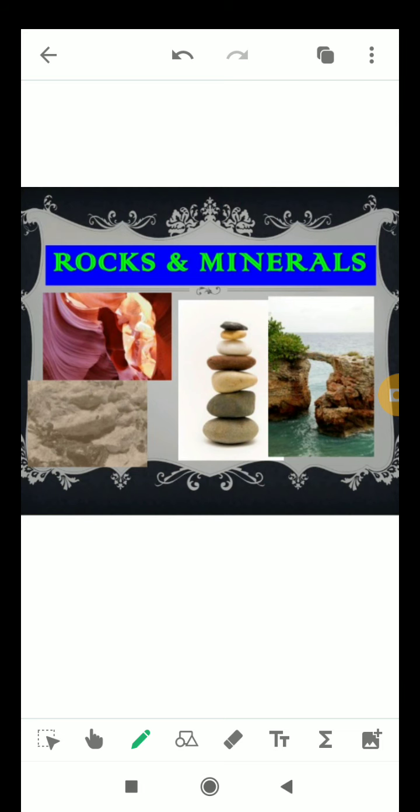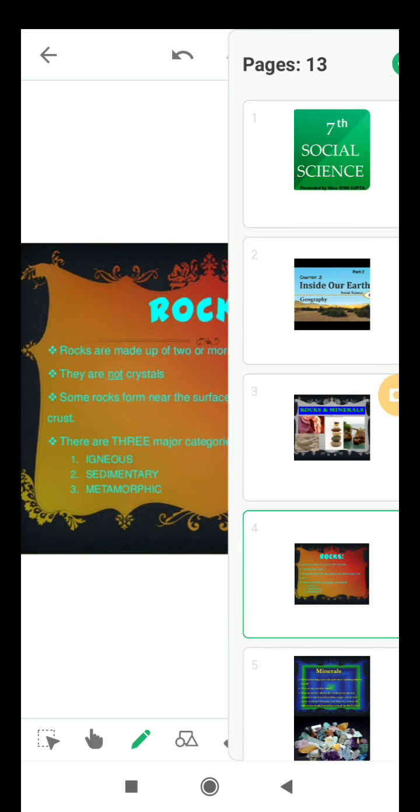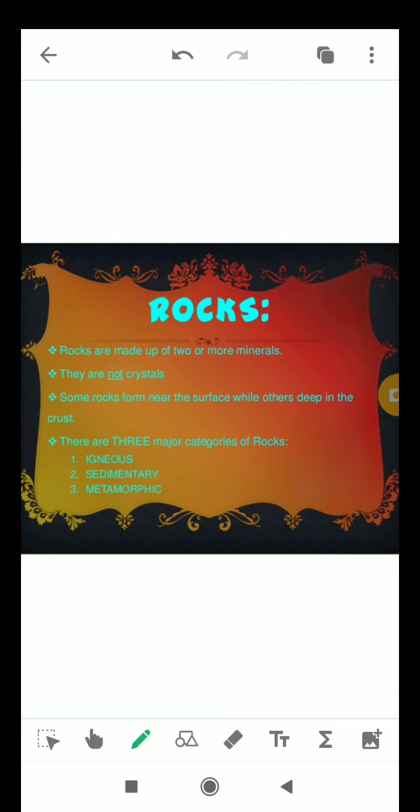So, rocks and minerals. Let us know what rocks are. Rocks are made up of two or more minerals. They are not crystals. Some rocks form near the surface while others form deep in the crust. Rocks make up about 1% of the total weight of the Earth's crust, and they vary in color, texture, chemical composition, and softness.